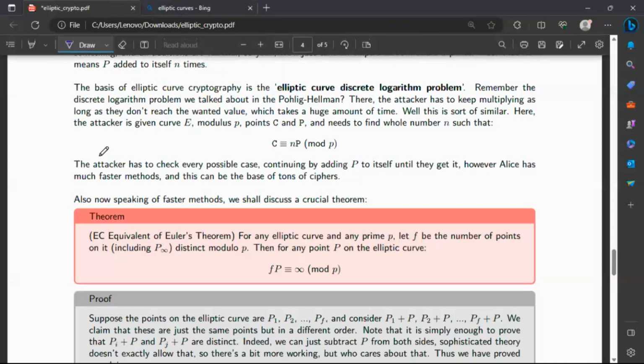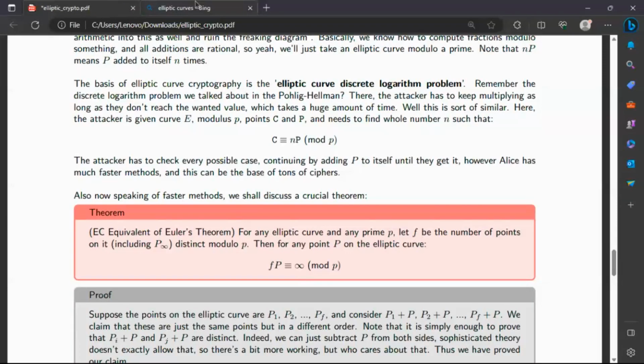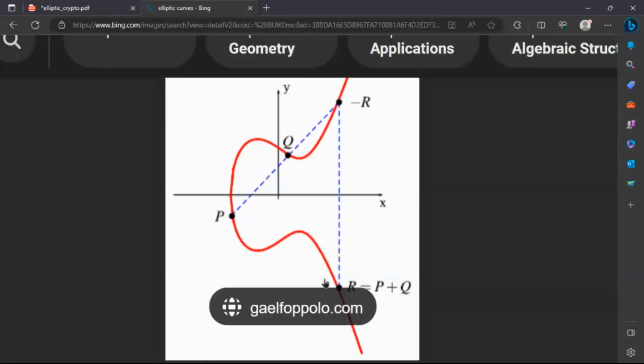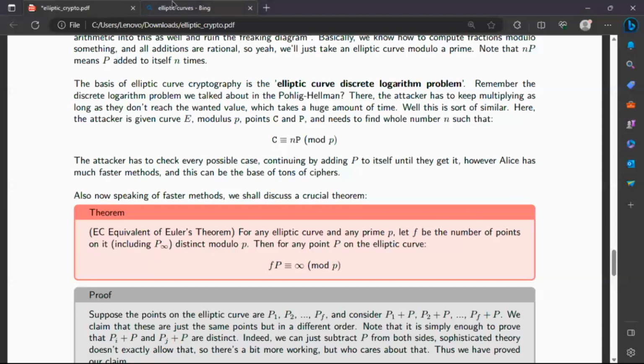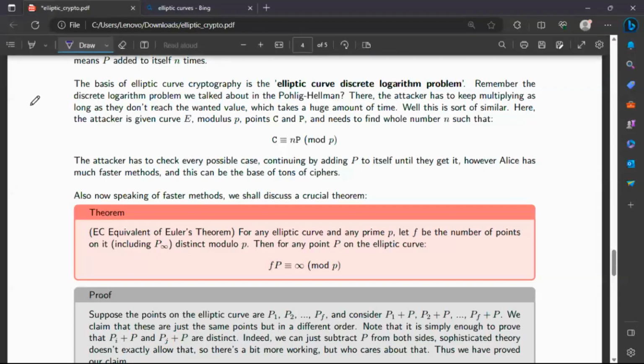Basically we'll consider all the rational points on the elliptic curve. Since we consider it modulo a prime, and every element modulo a prime has an inverse, we can compute p upon q to be p times q inverse. We'll just take that as an integer value.